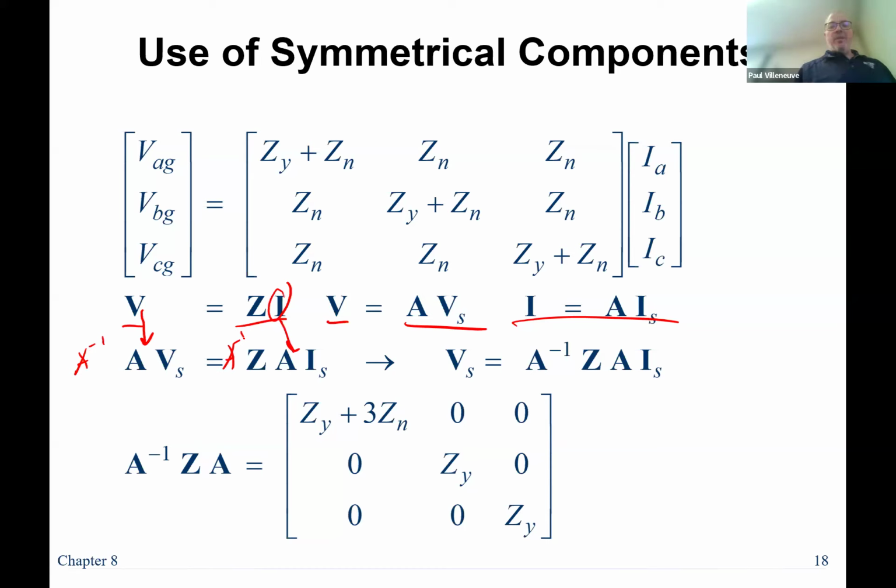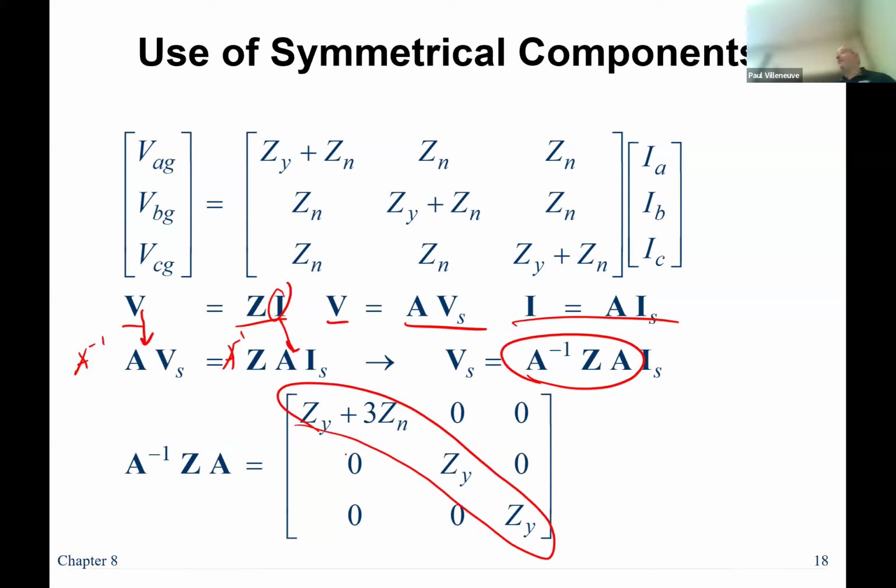And what I end up with when I multiply these three together, in my phase A, I have ZY plus 3Zn. Phase B, I have ZY. Phase C, I have ZY. But look at these zeros here. These zeros are indicated because remember, this here is going to go ahead and give me Vs times Is.